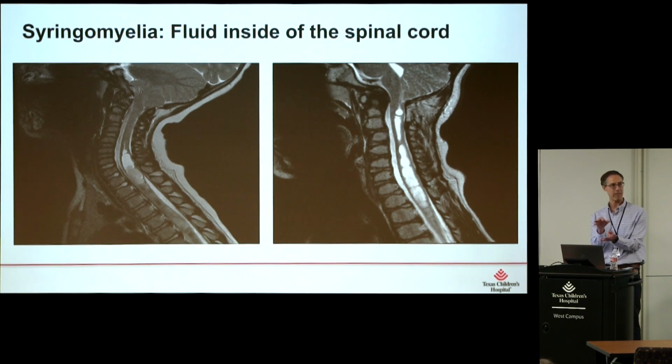And so there's always a potential space in the center of the spinal cord for fluid. If there's some sort of disruption in the flow of spinal fluid, or if you have a tumor in the spinal cord or some sort of blockage, then fluid can go into the spinal cord and form a sort of cavity, and that's what a syrinx is. And so you can see the syrinx here, and then in this patient you can see the syrinx as well.